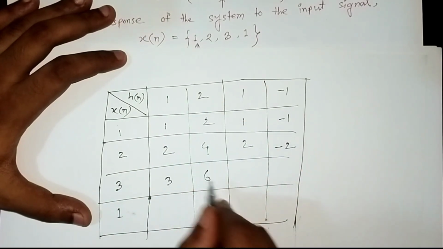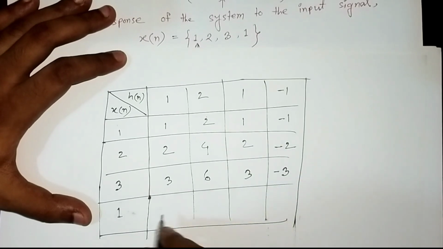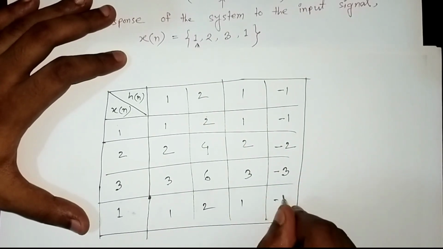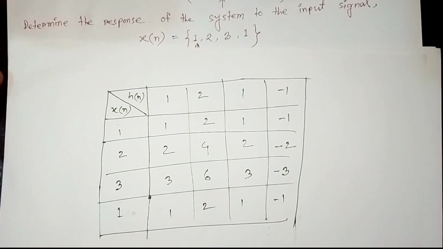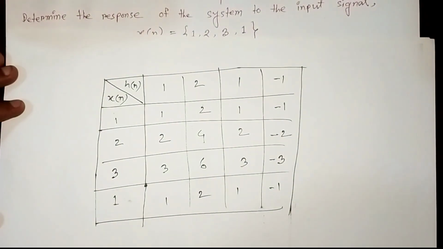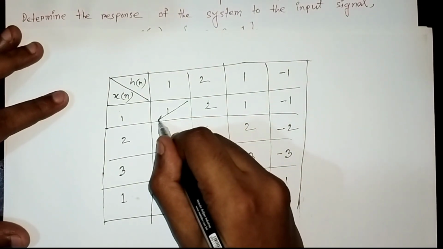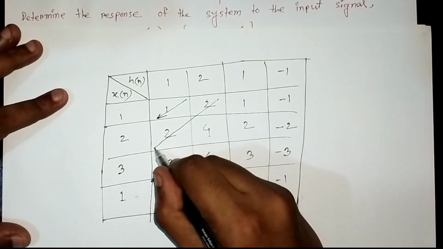Similarly, you just fill the whole table. 1, 2, 1, minus 1. Okay, after the table is filled, you will just add them up in this sequence.